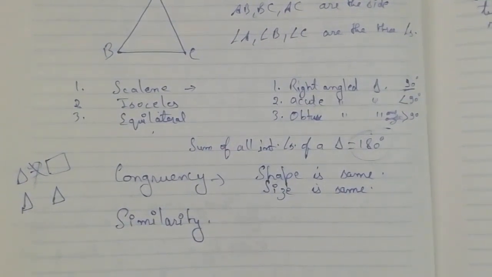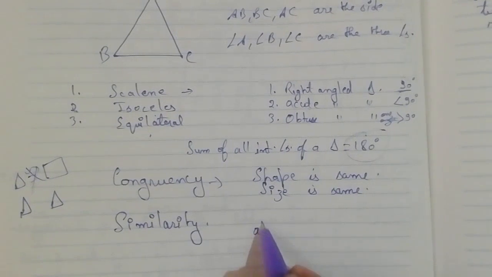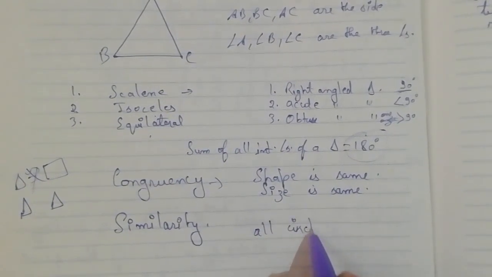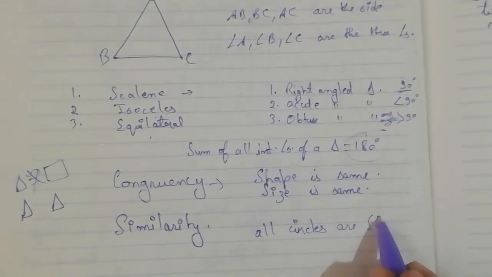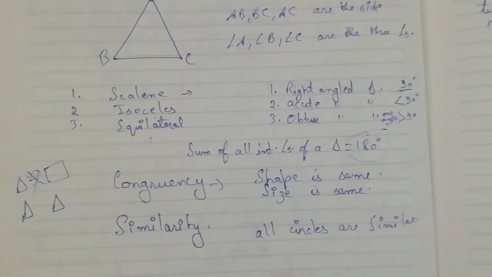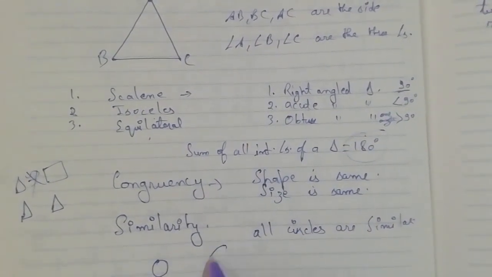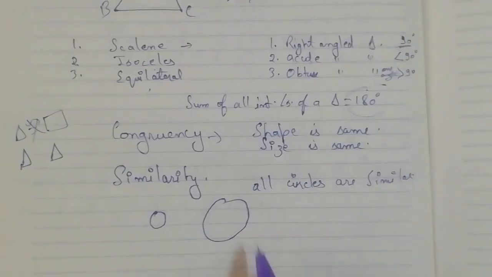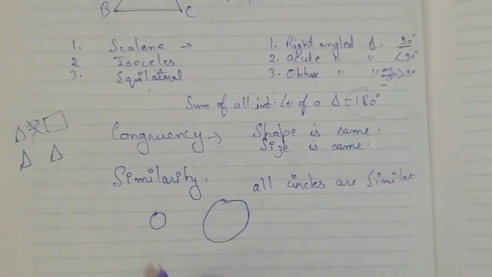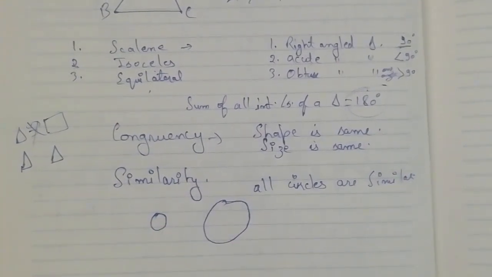No, but we can say that it is similar. Similar means same looking. So all circles are similar. Look, this is a circle and this is also a circle. It is a rough diagram, just understand what I am trying to say.